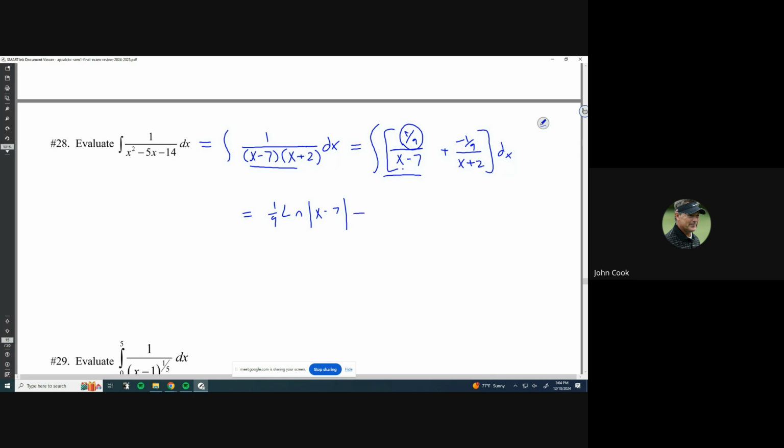And then minus 1/9, because it's a -1/9, times the natural log of the absolute value of x plus 2, and then plus c at the very end. Okay, so there's my finished answer. And to be honest with you, if you had to do this as a multiple choice question, that's probably just what we would have as a response.